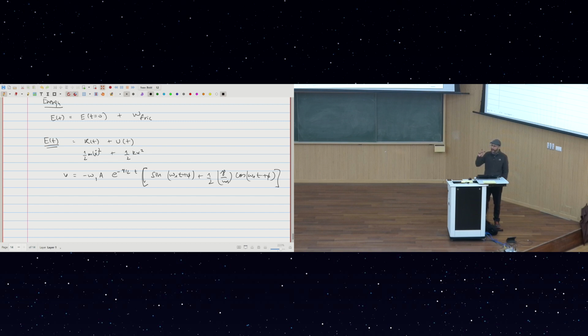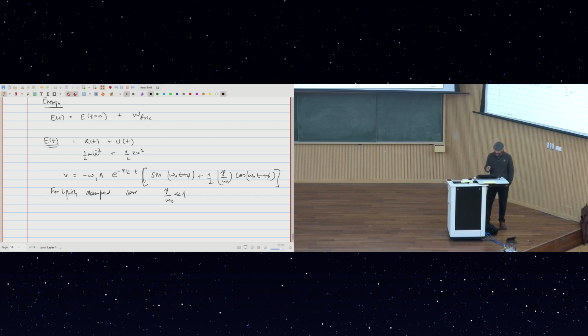Now remember, we will again talk about the lightly damped situation. That was when your gamma by omega naught was much less than 1, so please allow me to write that without a 2.